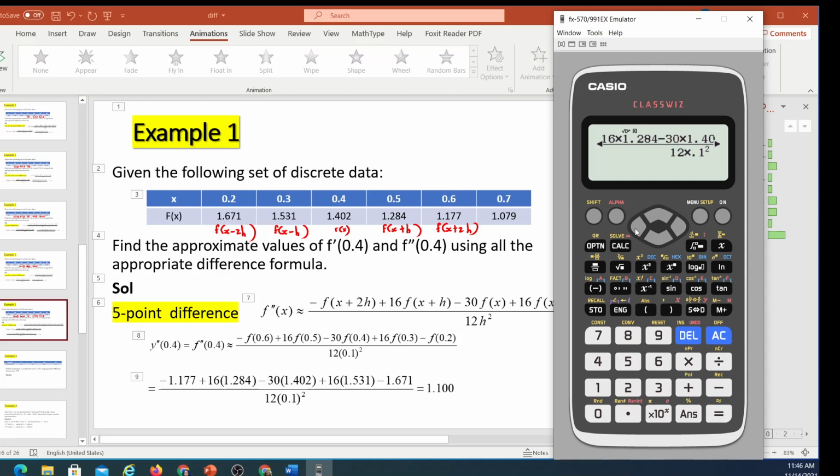So before you press, double check whether you key in correctly.